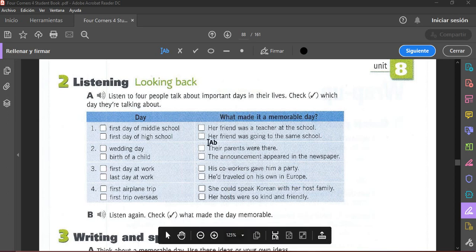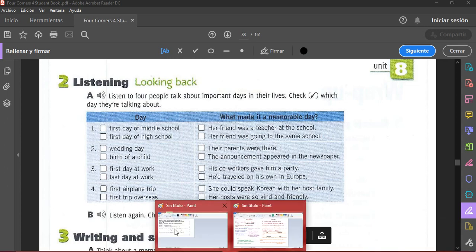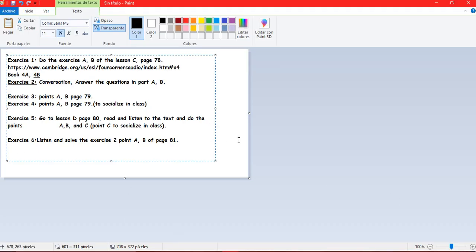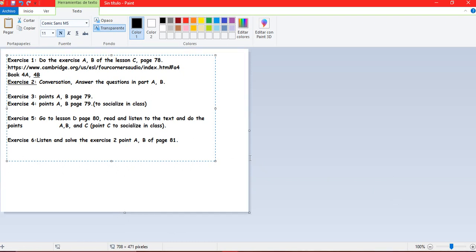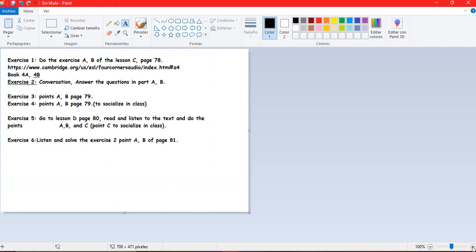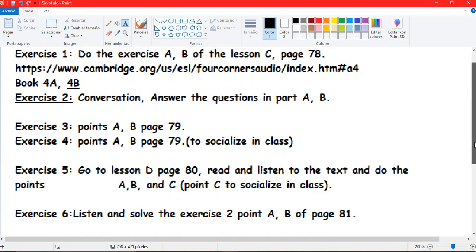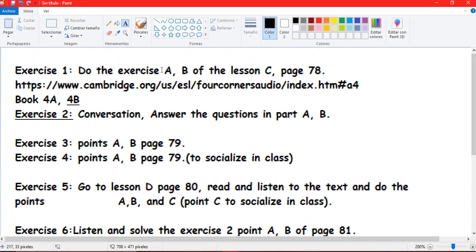Okay, people, now you have listened to the recording. We can solve exercise A and exercise B of page 81. This is what we have here exactly in the exercise list. So remember. Exercise 1, do the exercises A, B of lesson C, page 78.